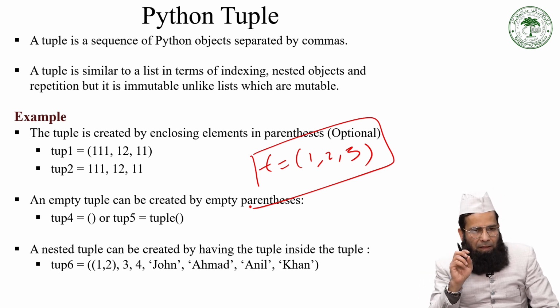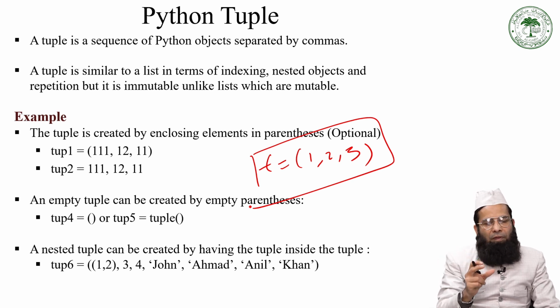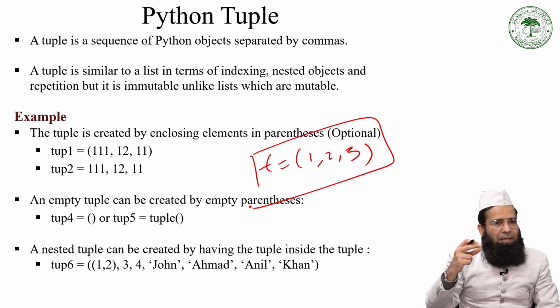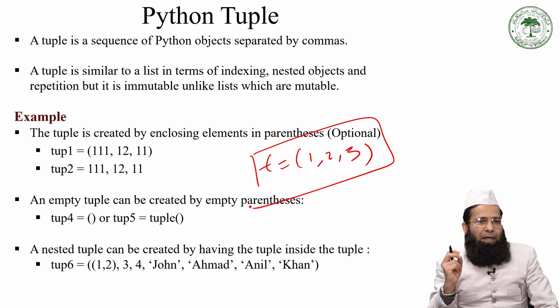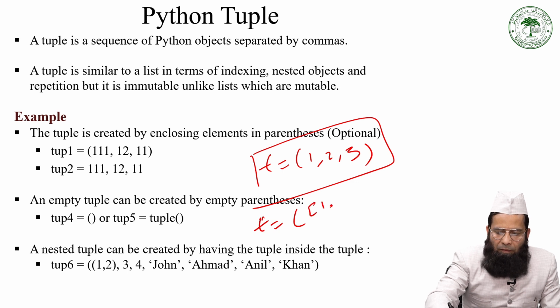But there is some concept here. If the data member is a list, suppose in case of a tuple your data member is a list, then in that case it could be updated, right? Let's say you have a tuple with 1, 2, 3 and then 4, 5.